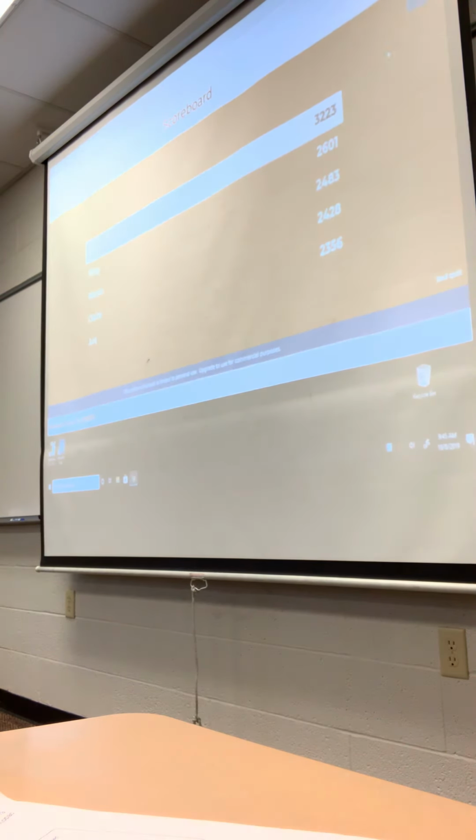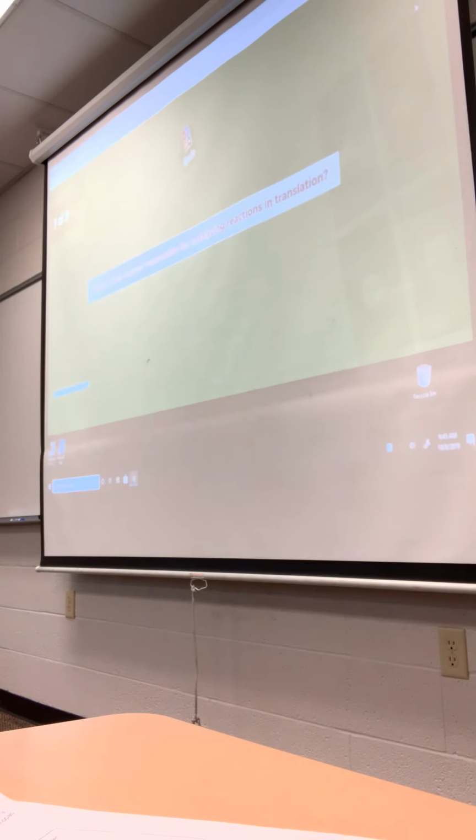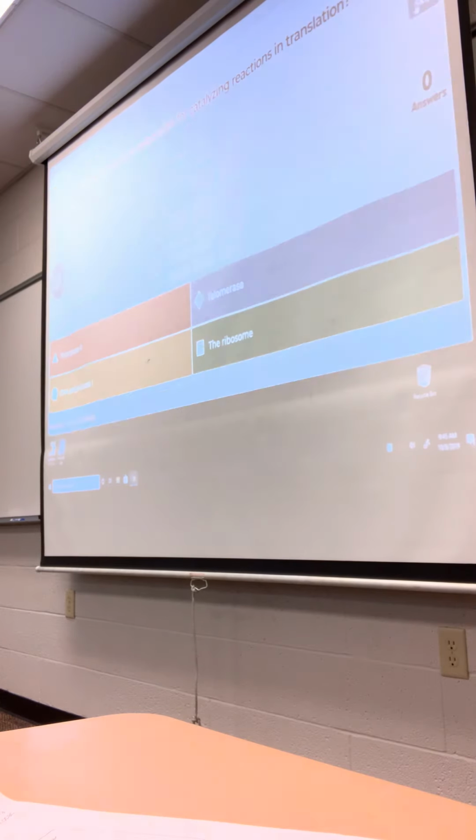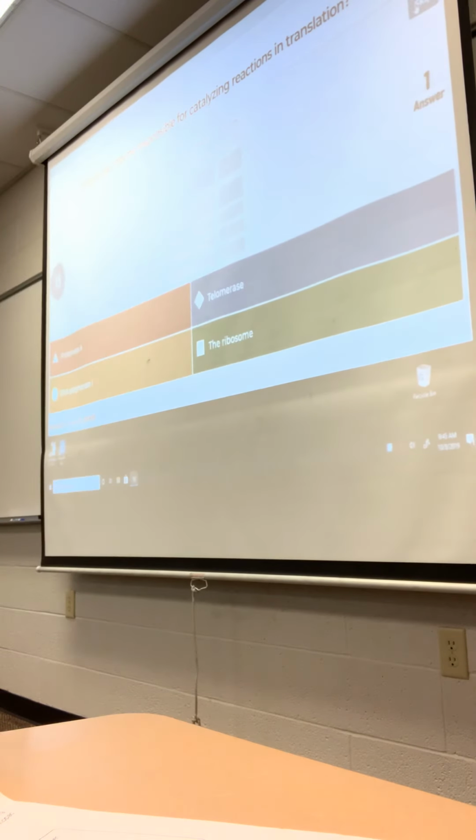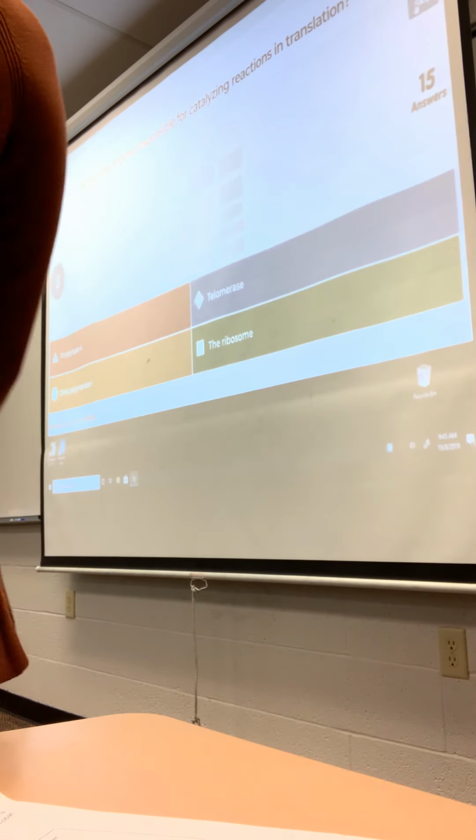Okay, Caitlin's now at the top. Let's see what happens now. What is the enzyme responsible for catalyzing reaction in translation? We're going from RNA to amino acid sequence now, translation.